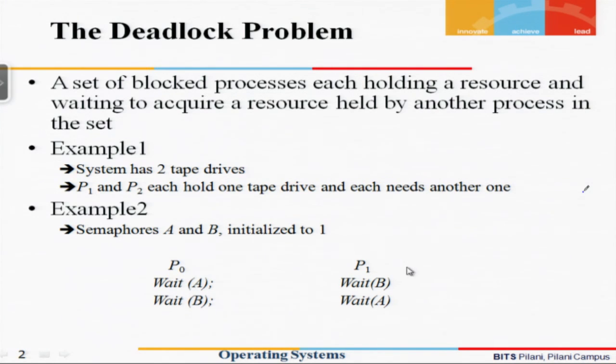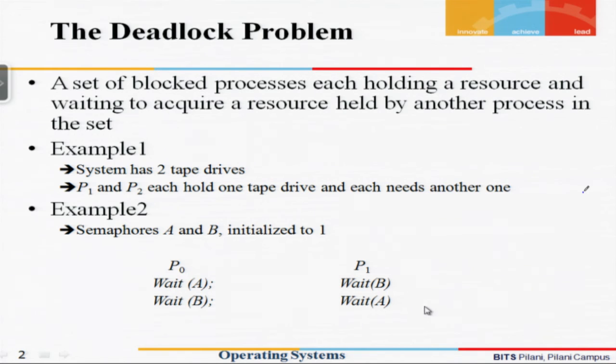If either of these processes tries to execute the next instruction, it is going to get blocked. So eventually we can see that process P0, when it executes wait B, will get blocked, and process P1, whenever it executes wait A, will get blocked.